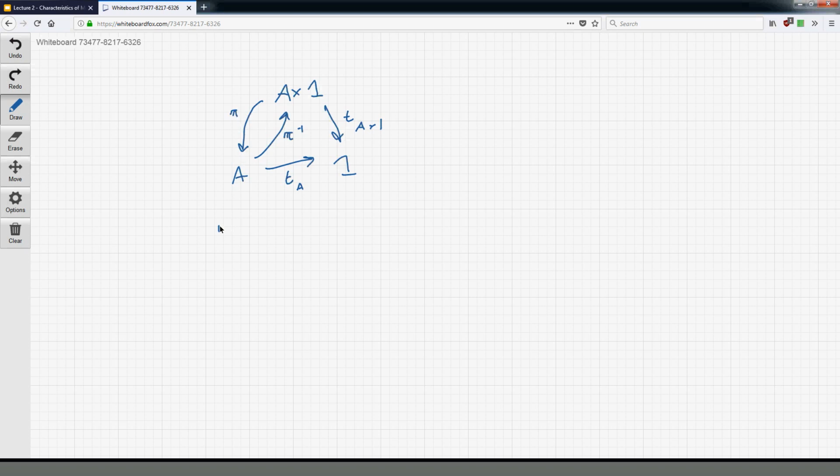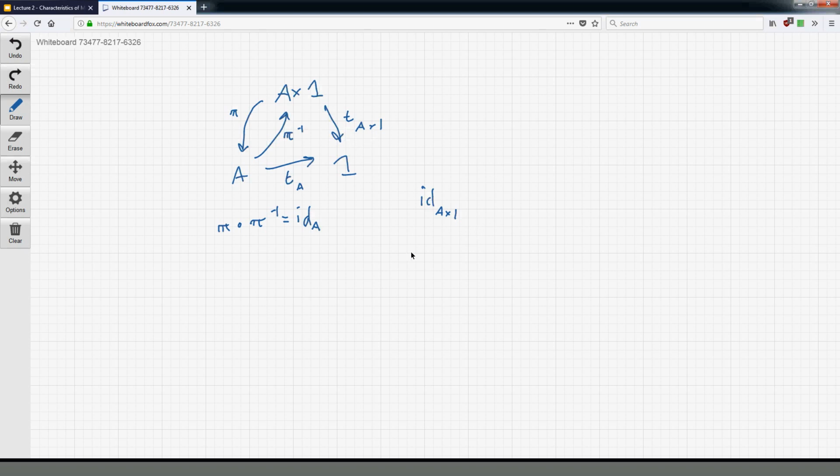We know that... oh, I remember. Okay, so essentially the identity, if we compose it with, say, pi, it should equal pi, right? If we compose it with our terminal object, it should equal the terminal object. That we get for free because of the definition of the terminal morphism.